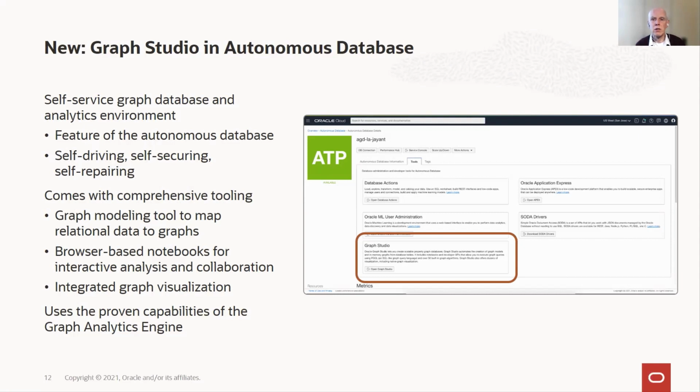So it inherits all the self-driving, self-securing, self-repairing capabilities of the Autonomous Database. Graph Studio includes a modeling tool that helps you turn relational tables into a graph. It includes a notebook-based environment to work with the graph. It comes with visualization included, and so on. And of course, it's on top of the graph analytics engine, which we've had out on the market.